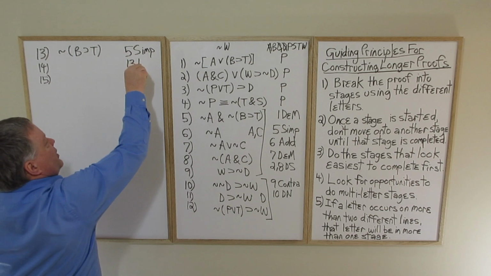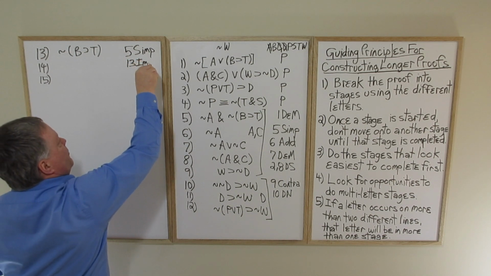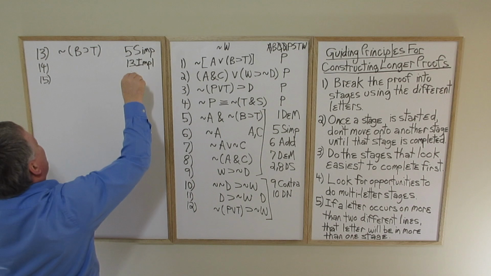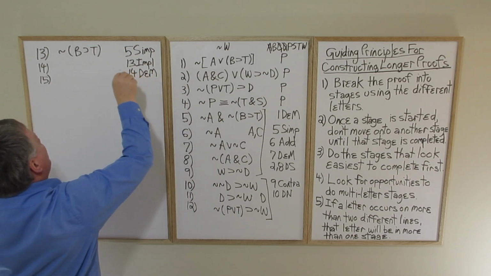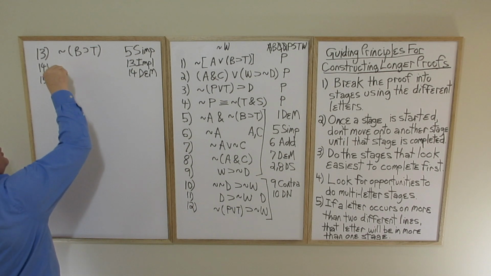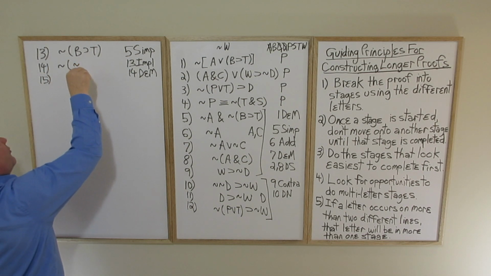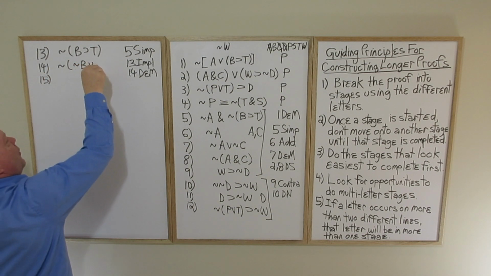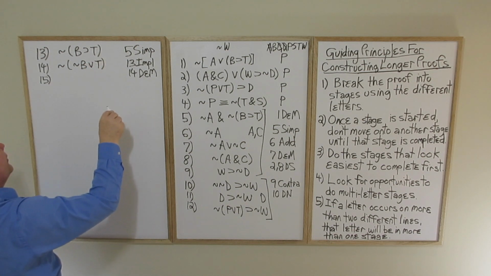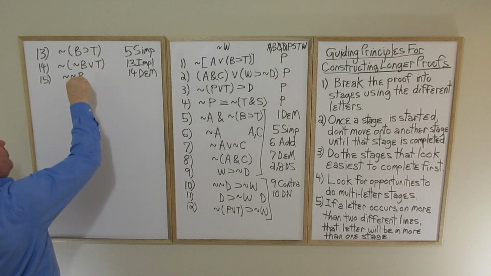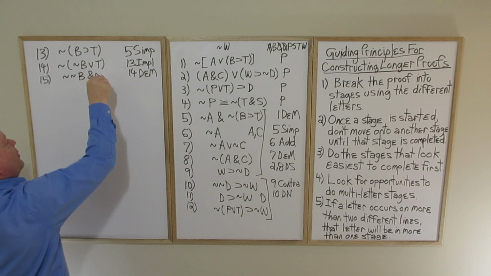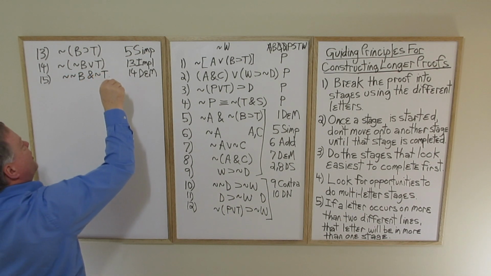So 13 implication and then 14 De Morgan's will give us tilde, and then in brackets, tilde B or T. Then 14 De Morgan's will give us tilde B and tilde T.